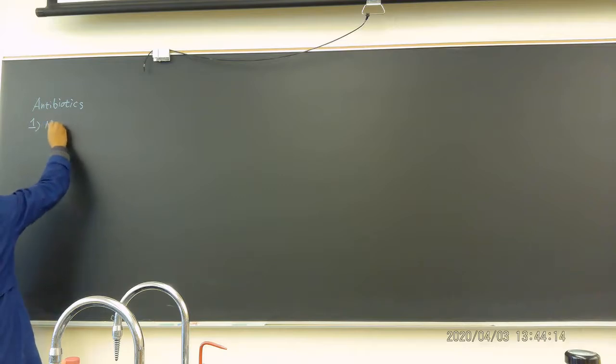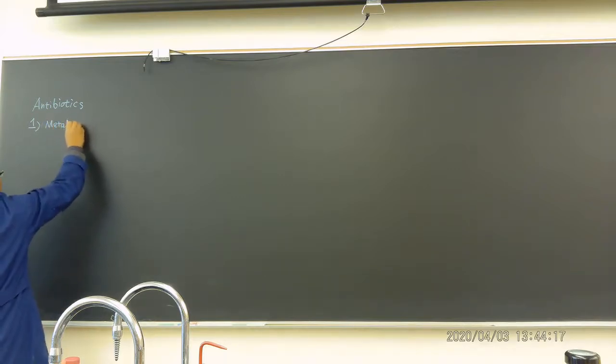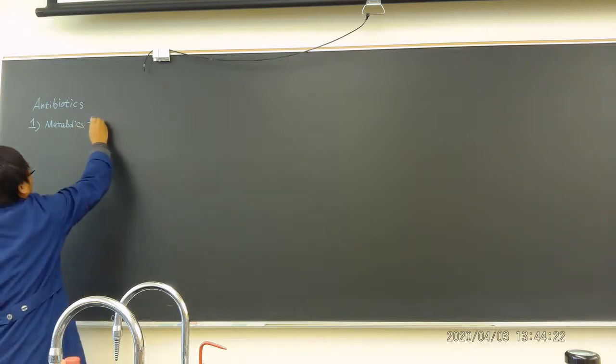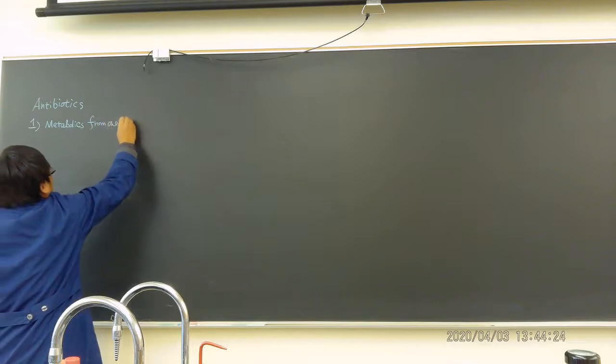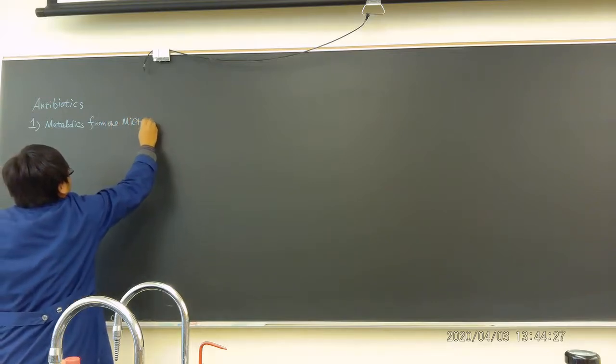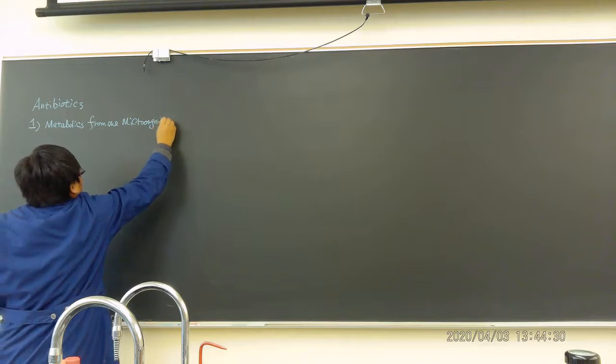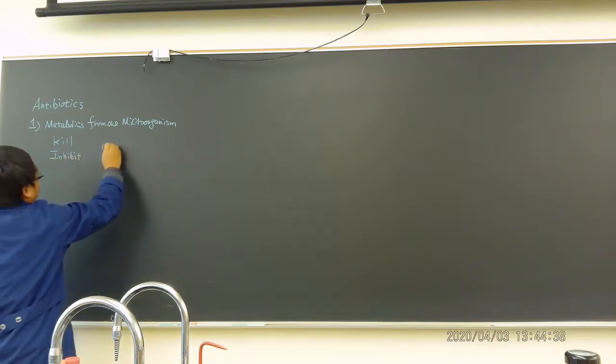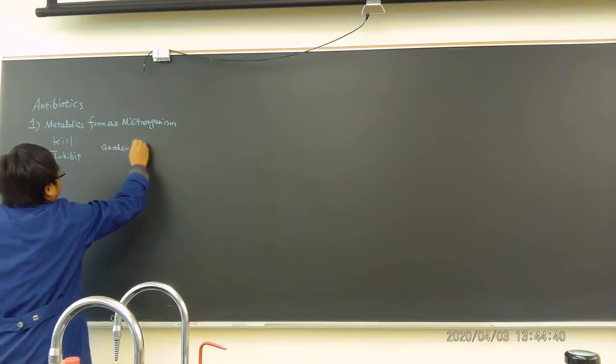So let's talk about antibiotics. What is an antibiotic? It is a metabolite coming from one microorganism, used to kill or inhibit another microorganism.